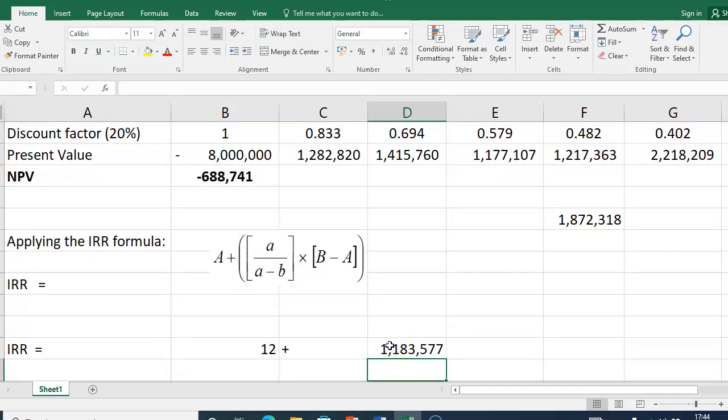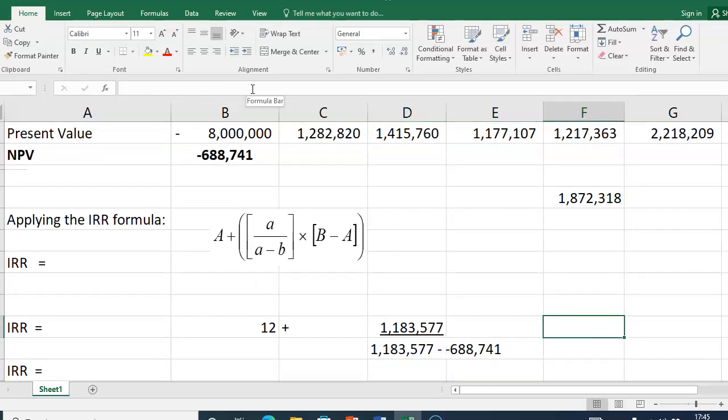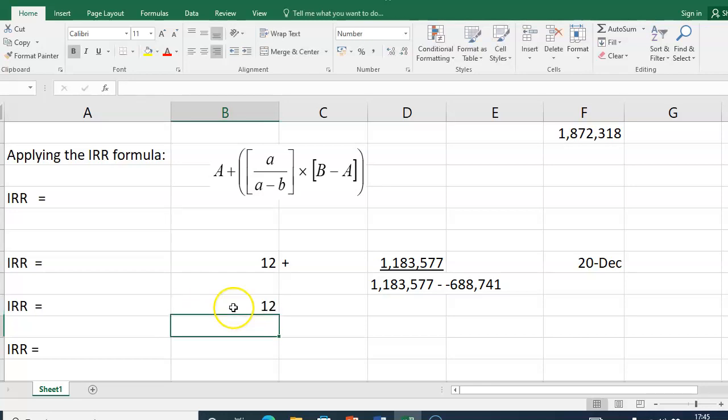I then divide that by small a, which is the same as above: 1,183,577 minus the NPV of the higher discount rate, so minus 688,741. Then we have capital B, which is 20 minus 12.